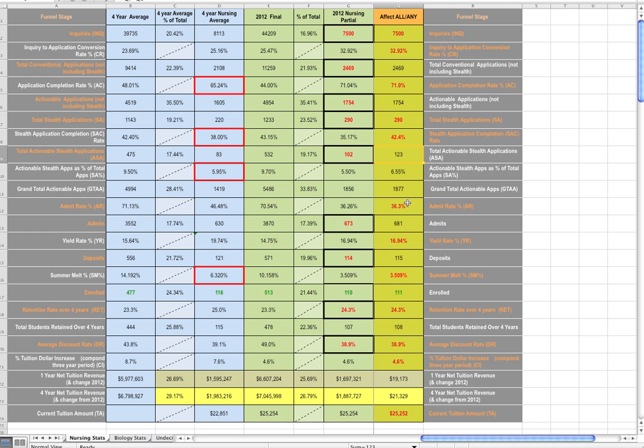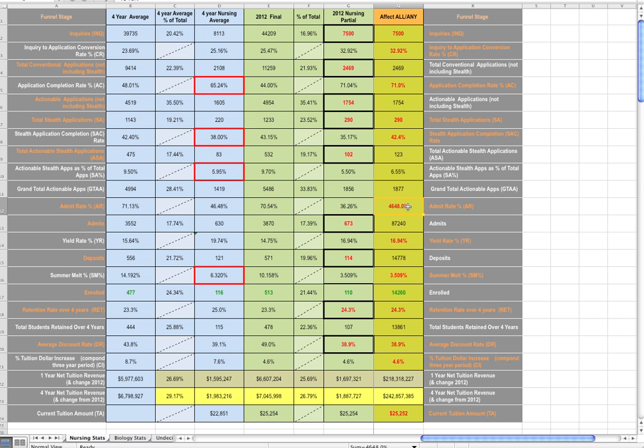Let's change our admit rate. It is very low compared particularly to the freshman class as a whole and to the 4-year average of the nurses. So let's just increase that back up to our average and just see what happens.